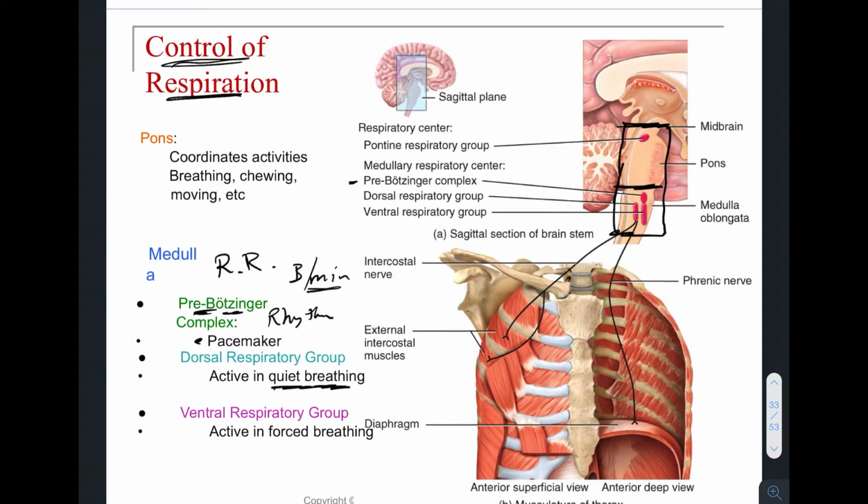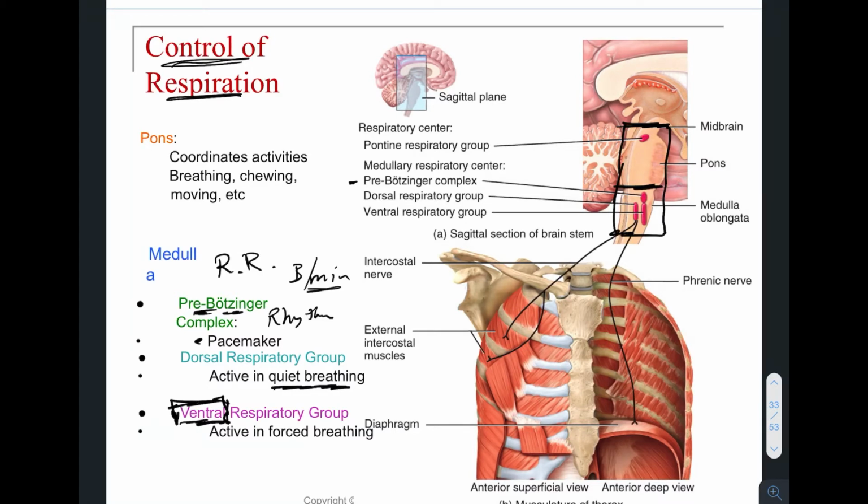However, if you have a fight or flight response and you go into sympathetic mode, then it switches gears and goes to the ventral respiratory group. In the ventral respiratory group, it starts doing that forced breathing, where both inspiration and expiration use muscle contractions. Breathing rate will increase, and breathing strength will increase.